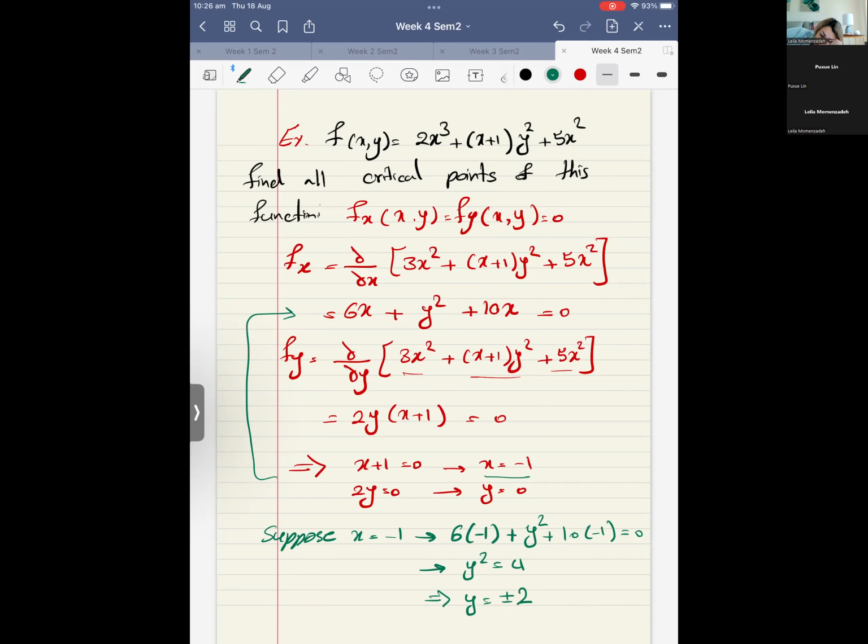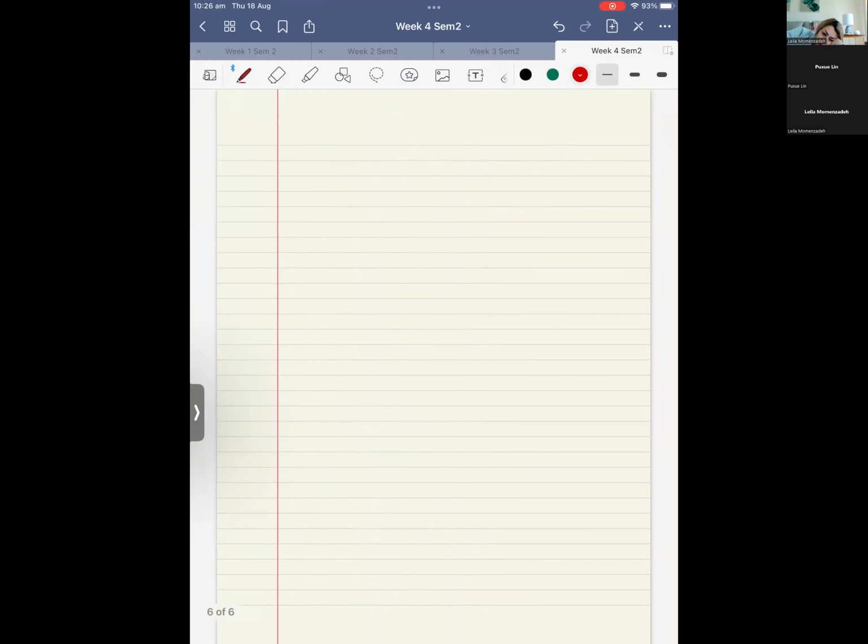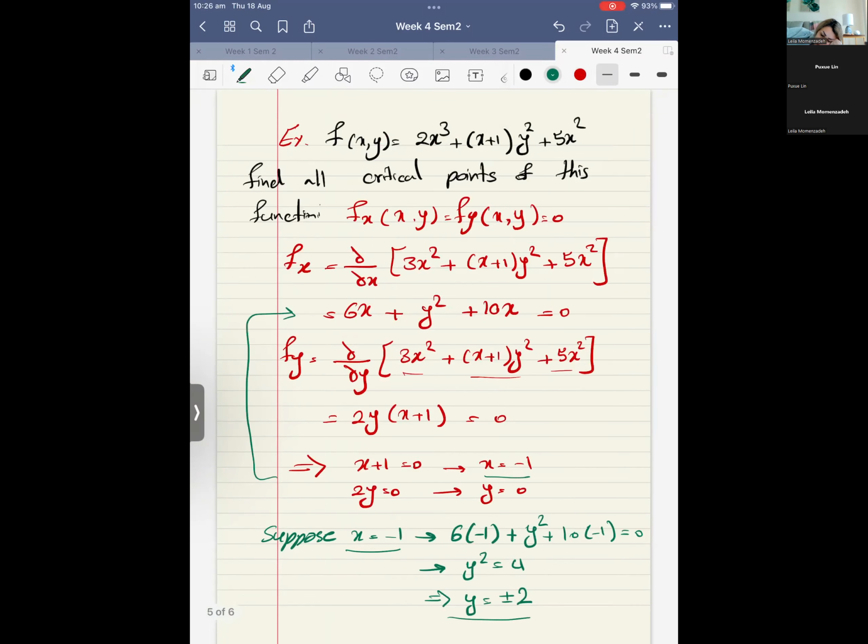Okay, you have this critical position: x minus 1, y plus 2 and minus 2. It means the critical points are (minus 1, 2) and (minus 1, minus 2) is the first one.